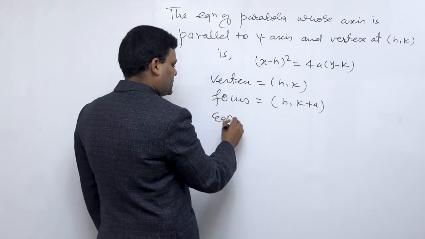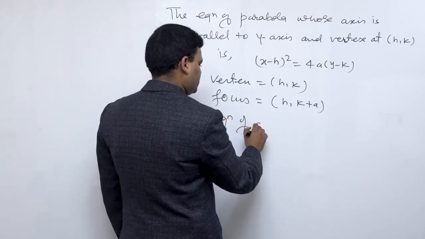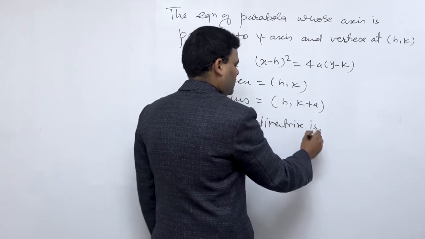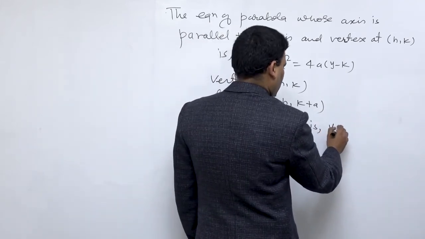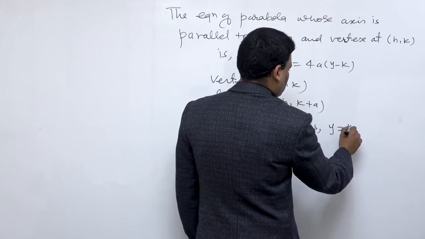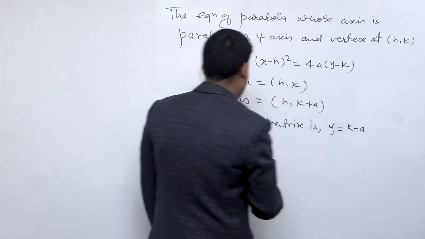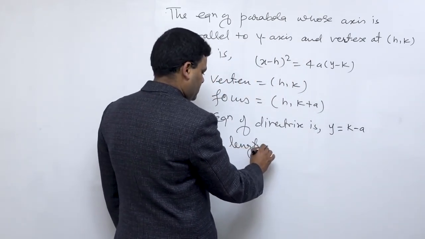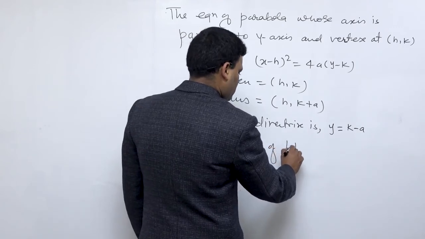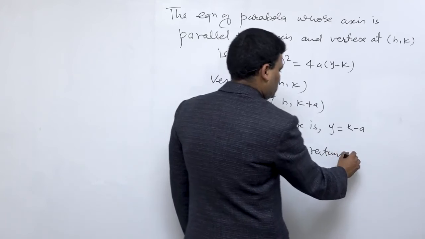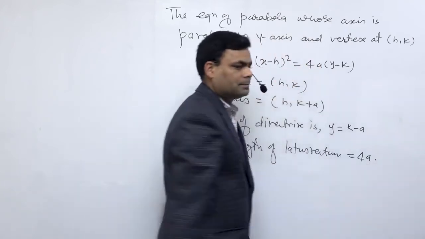Equation of directrix is y equals k minus a, and length of latus rectum equals 4a.